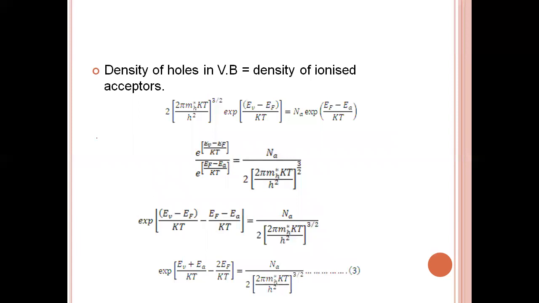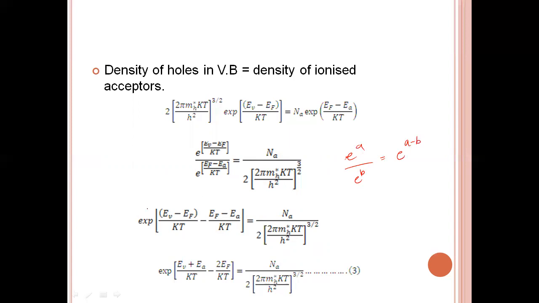Now equating the density of holes in the valence band with the density of ionized acceptors, and getting the exponential functions onto one side and the constants onto the other side, you'll have a formula like e^A by e^B, which is nothing but e^(A - B).